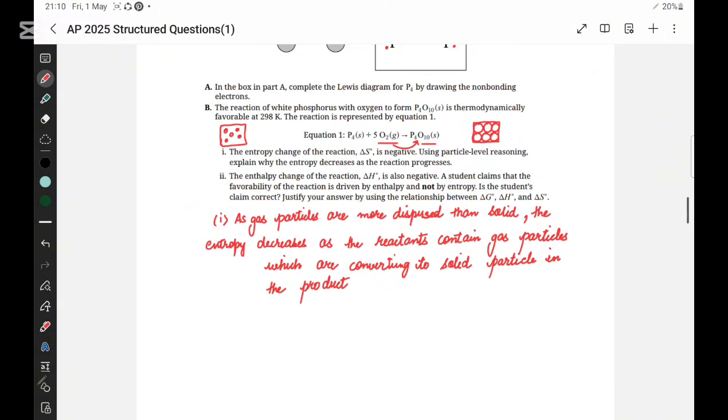The next question says the enthalpy change of the reaction is also negative. A student claims that the favorability of the reaction is driven by enthalpy and not by entropy.